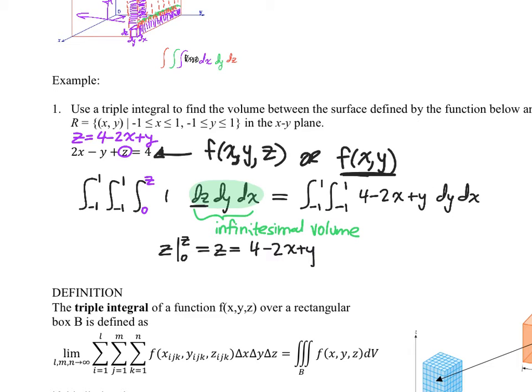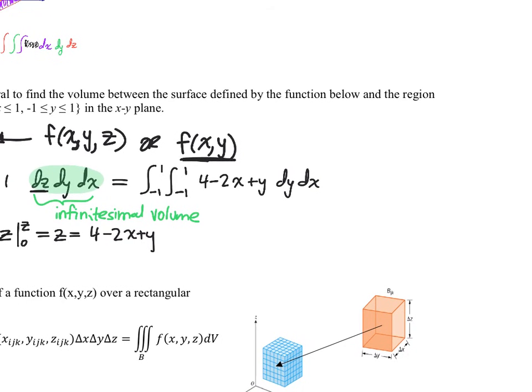All right. So at this point, now you're just applying techniques for finding the solution to a double integral. So I just focus on this piece. Integrating with respect to y, we're looking at 4y minus 2xy plus 1/2 y squared over the interval of -1 to 1.